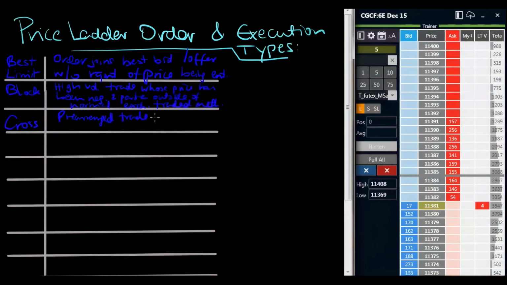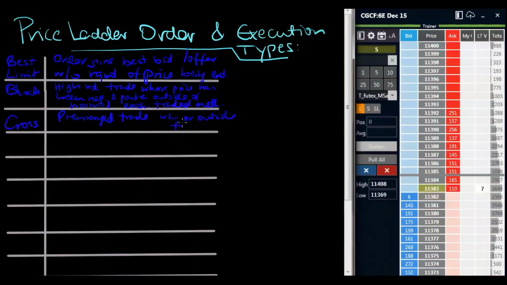You cross the trade, and it can be within the firm or outside of the firm. A prearranged trade, though, is something to keep in mind. Likewise, like the block trade, it's a prearranged trade.